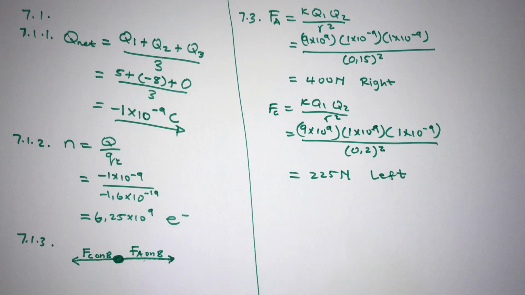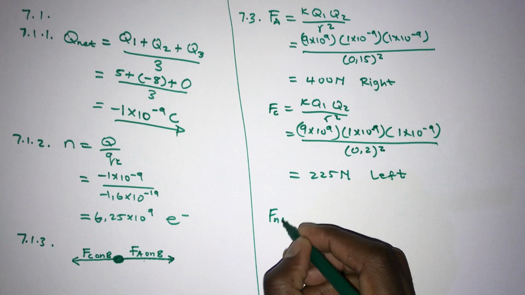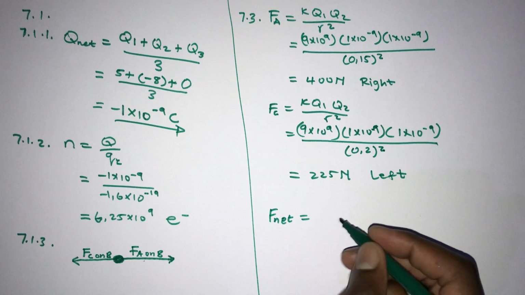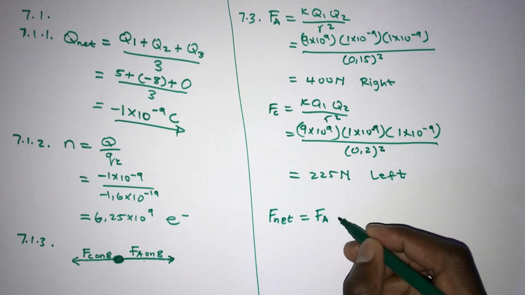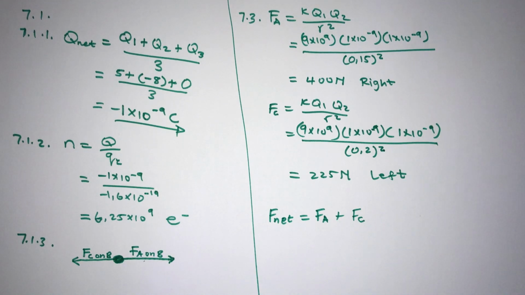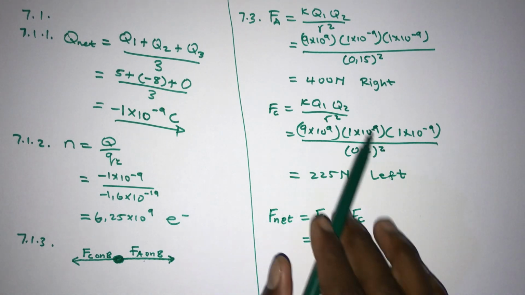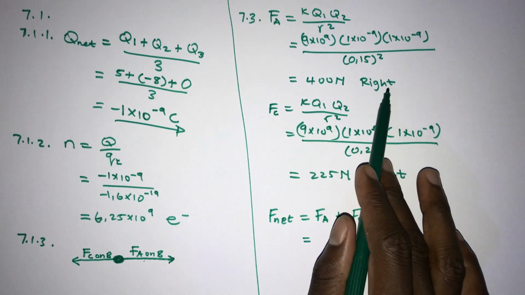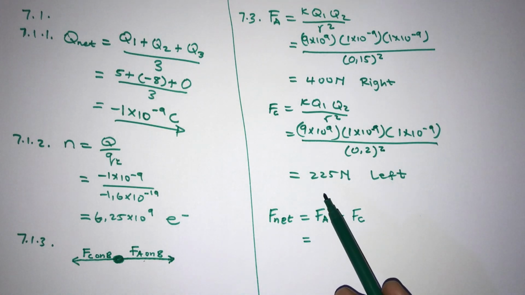Since the question said you must calculate the net force, now F net is equal to the force exerted by A on B plus the force exerted by C on B. Since the force exerted by A on B is going to the right, we take right as positive and left as negative.